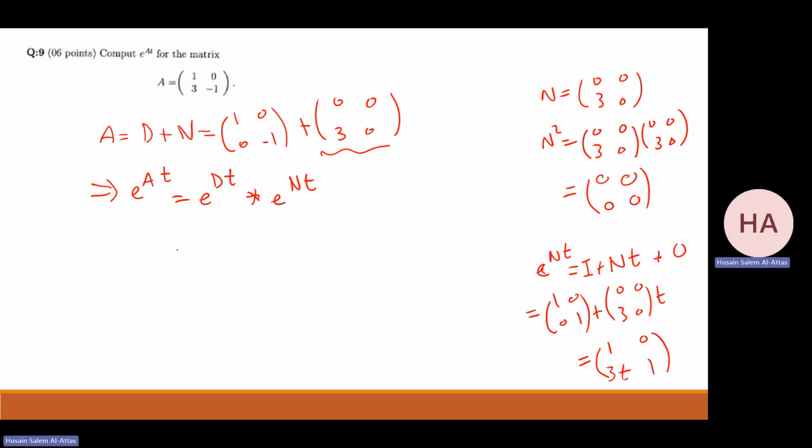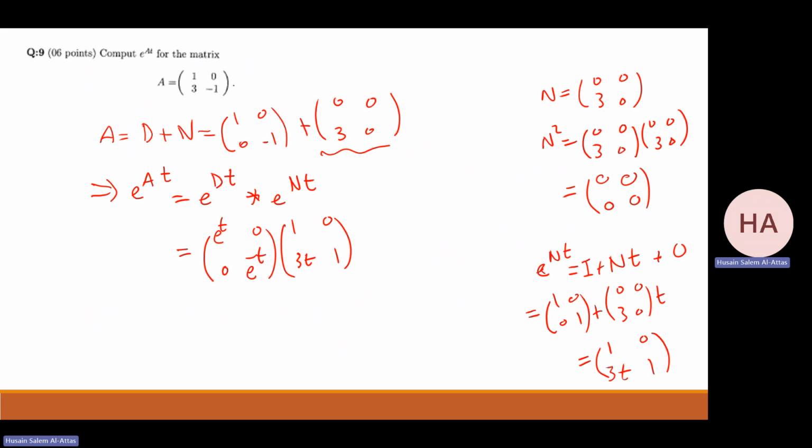So what about e to the power Dt? That will be [e^t, 0; 0, e^-t] times this one, [1, 0; 3t, 1]. N squared is 0. Oh, sorry, this is minus 1. Yes, correct.